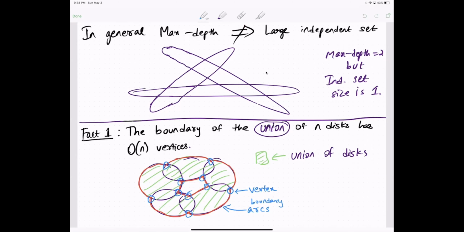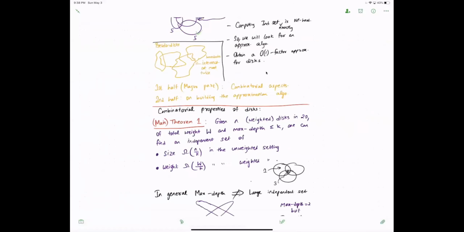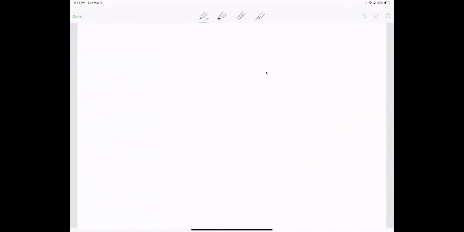Again, in general, this is not true. You can just look at tall and skinny rectangles.